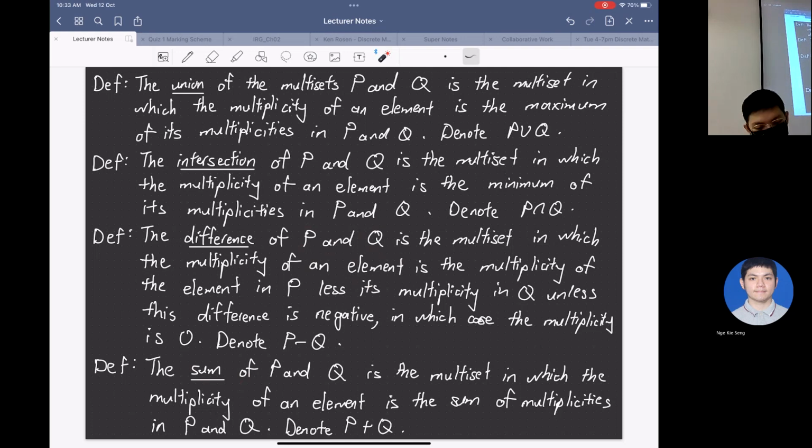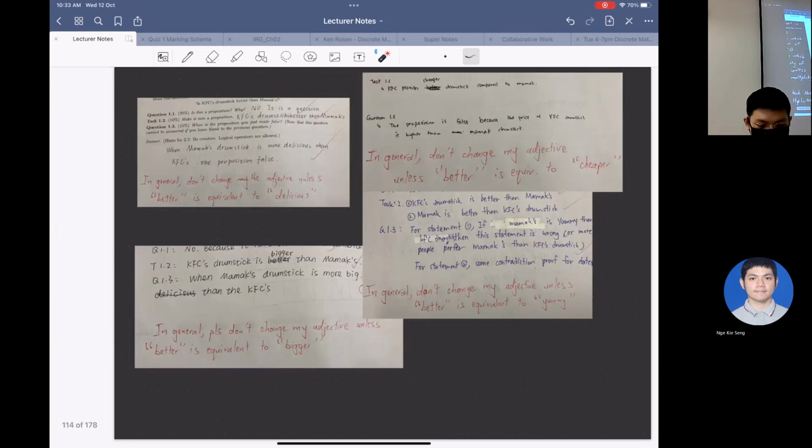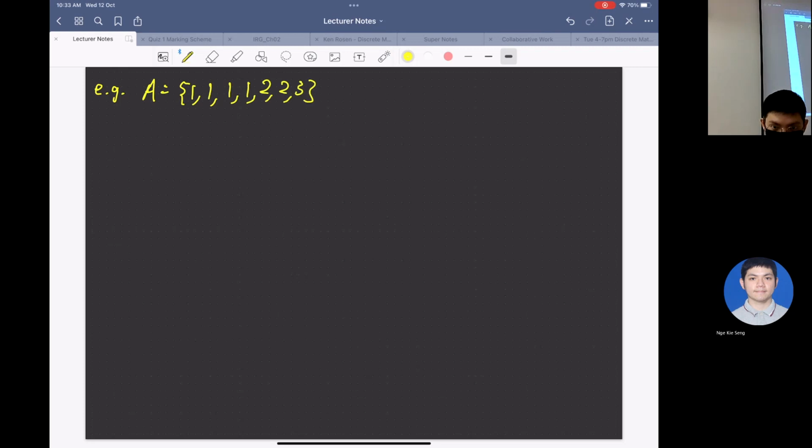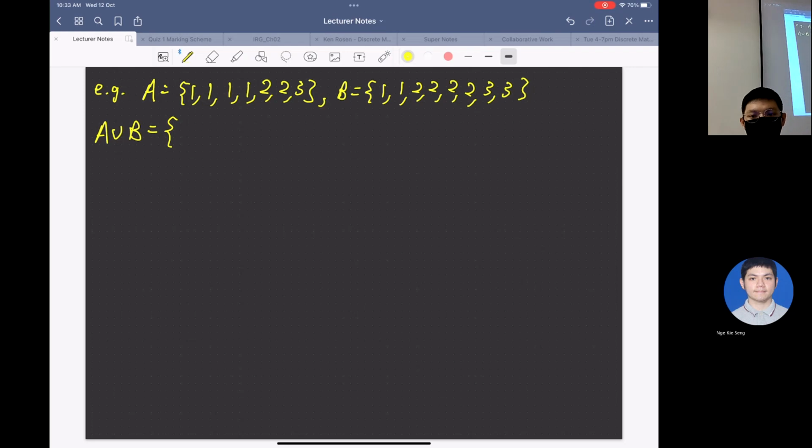Okay. So let's try this example here. Okay, so I'm not sure you are familiar with this maximum operation or not. Let me show you.